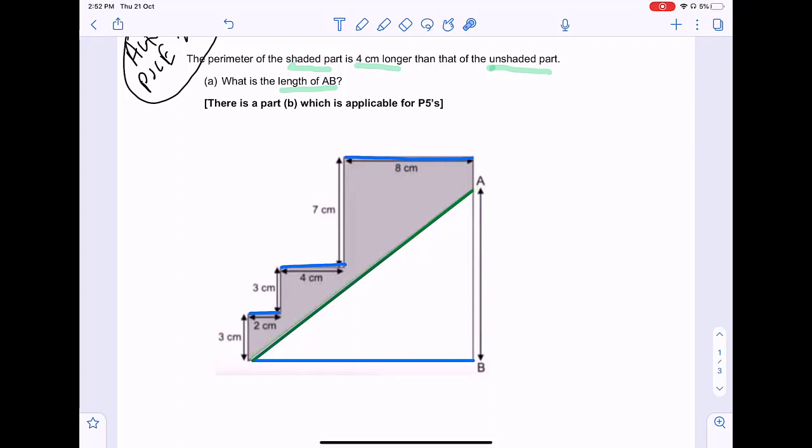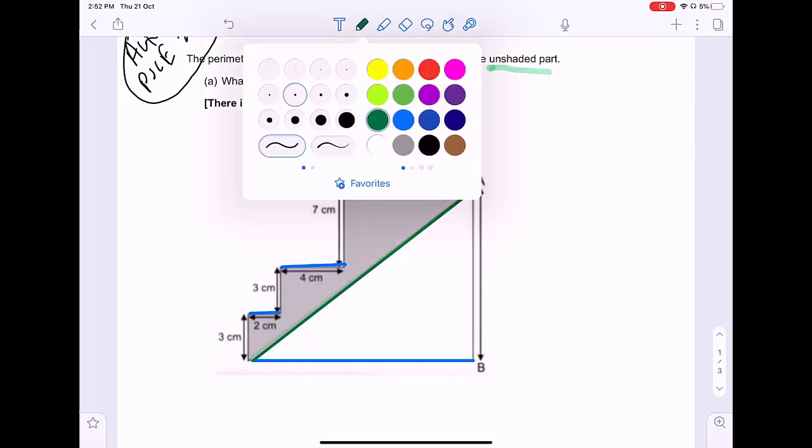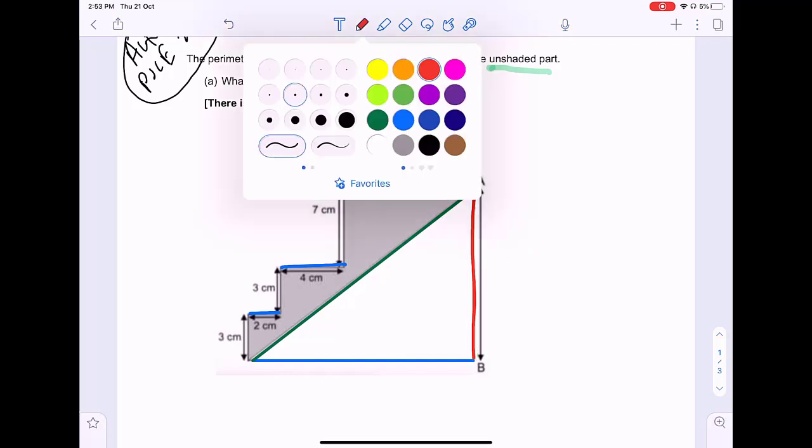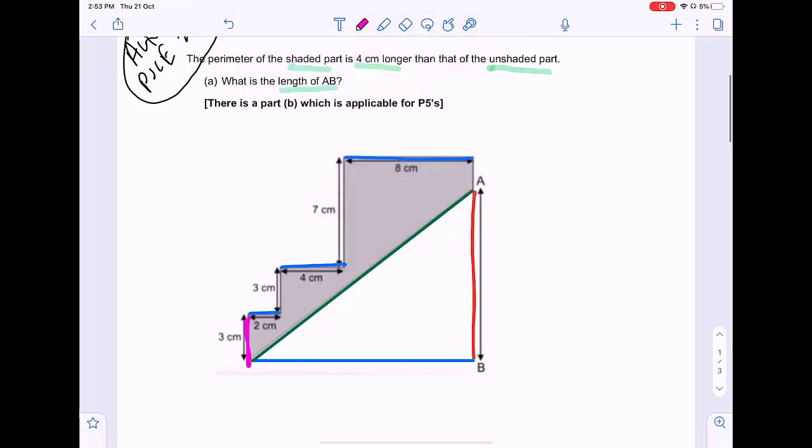Now, the only difference between the perimeters actually comes in this AB here. AB will be for the unshaded perimeter here, and this section here, 3 plus 3 plus 7 plus this small section.